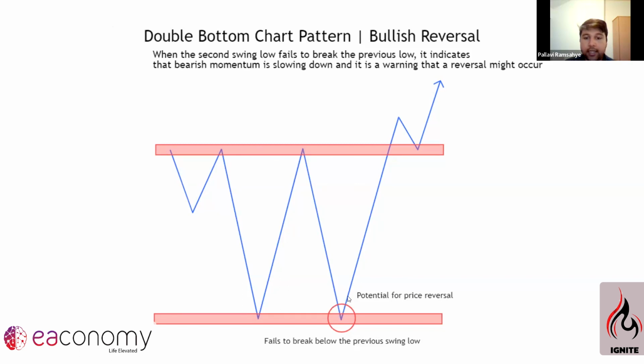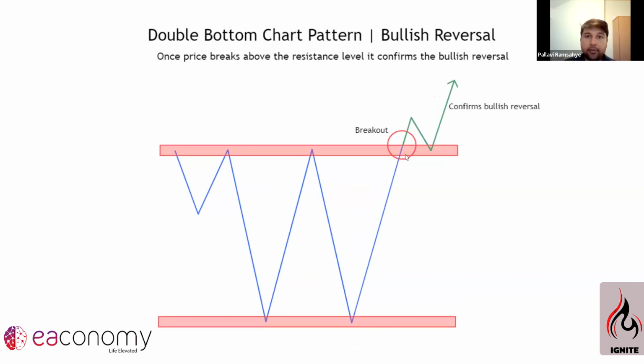So once we've got that indication, the next step, we'll be looking for the breakout. So this is our entry point, essentially. This is the distinguishing factor. If price bounces off of this point and does not break out, it's a failed pattern, okay?